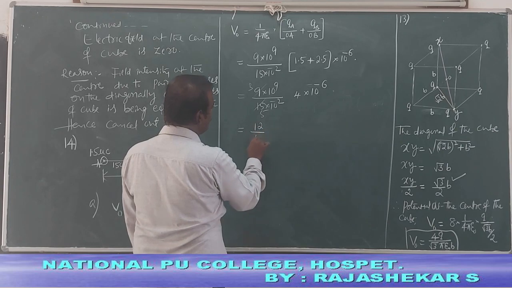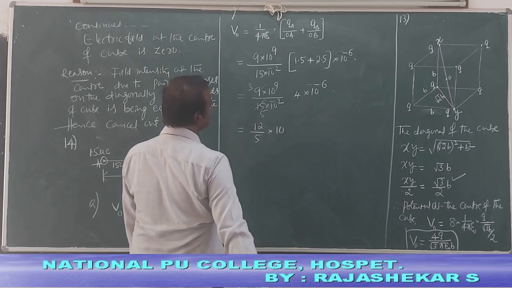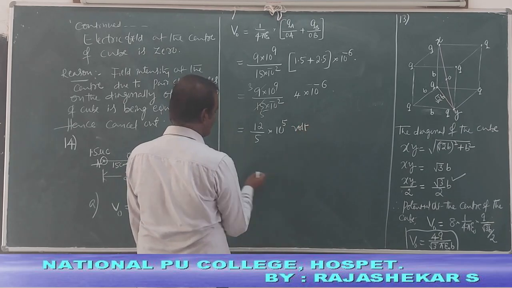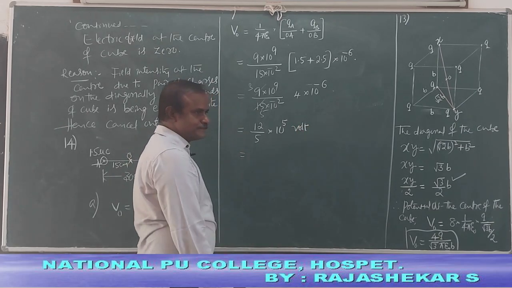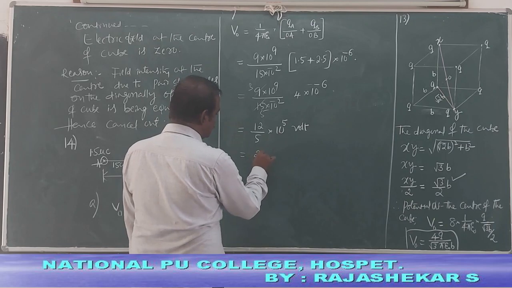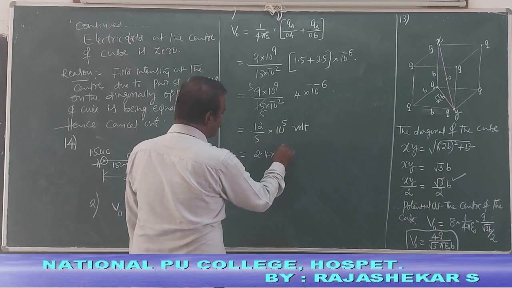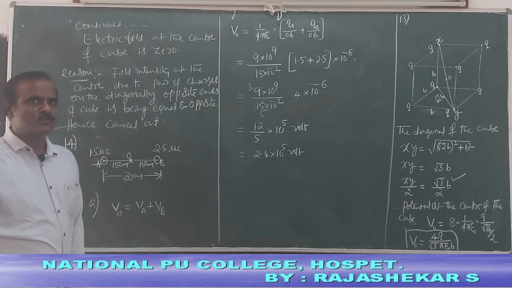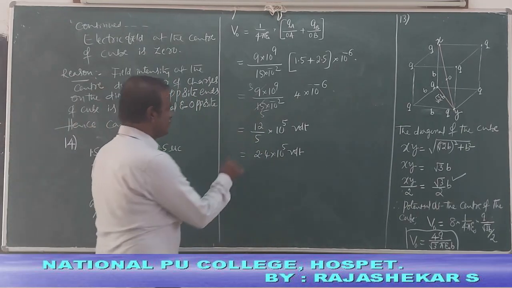So 12 by 5 into 10 to the power 5 volt. 12 by 5 happens to be 2.4, so 2.4 into 10 to the power 5 volt. This is the potential at O.